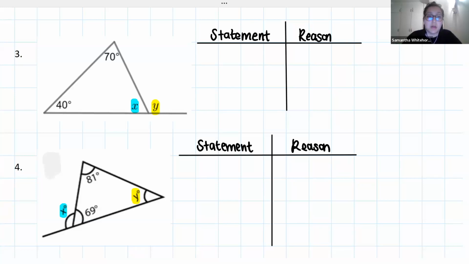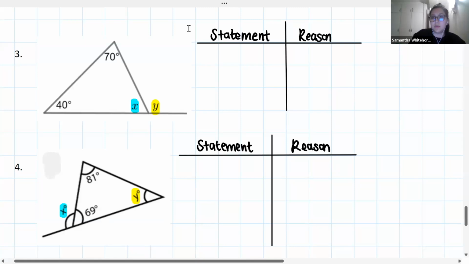Ones where you have to solve for multiple angles at the same time. Okay, I'm going to give you 1 more minute.